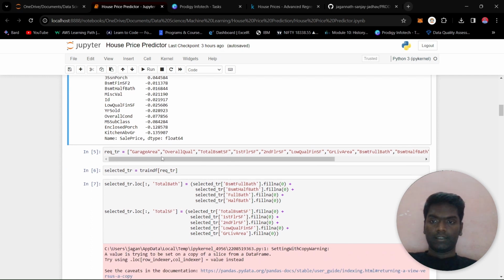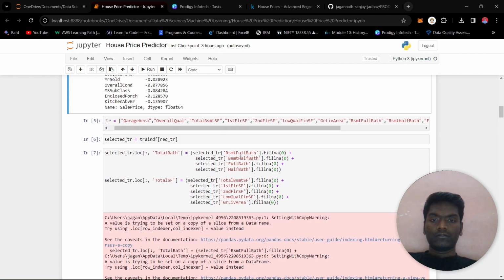So I created a list of all the columns required to calculate the total number of bathrooms and the total surface area, or total square footage. I figured out that there were 4 columns for bathrooms: two about the number of bathrooms inside the basement, and two about full bathroom and half bathroom. I summed them up and made a new column called total bathroom.